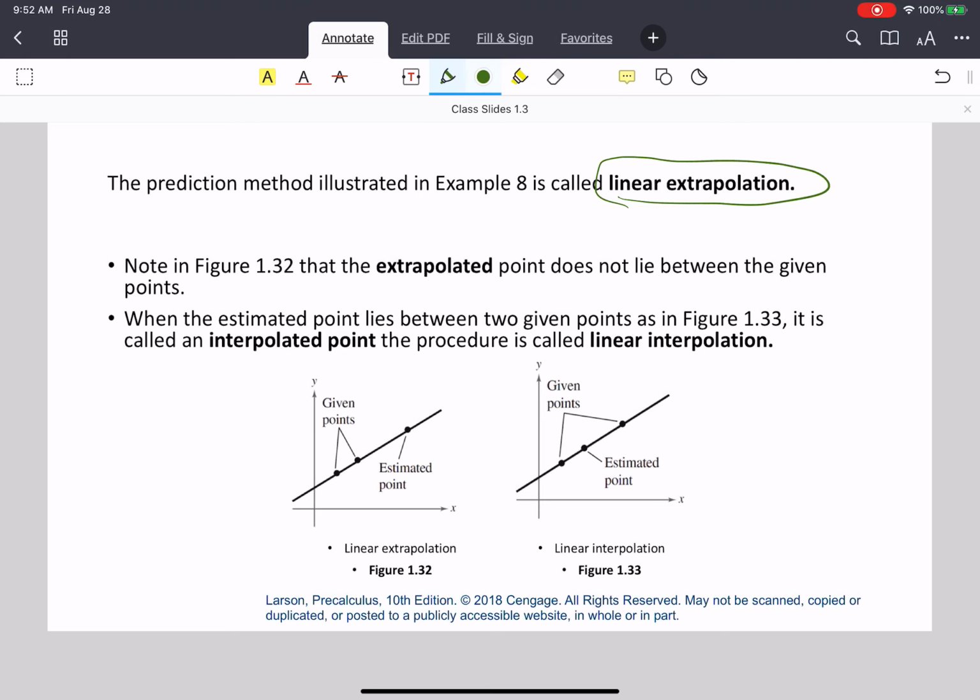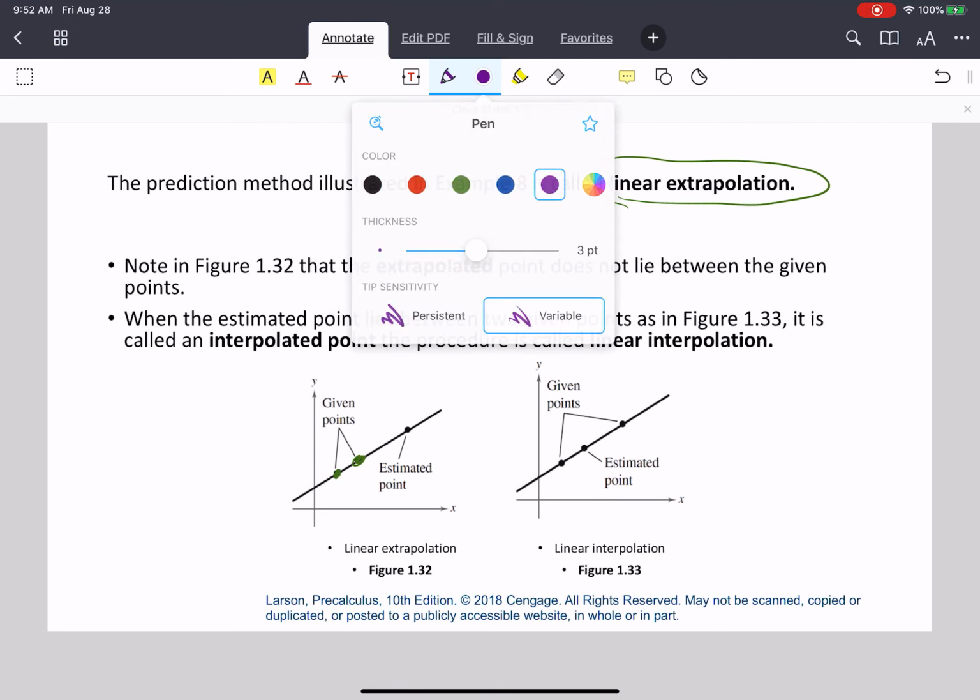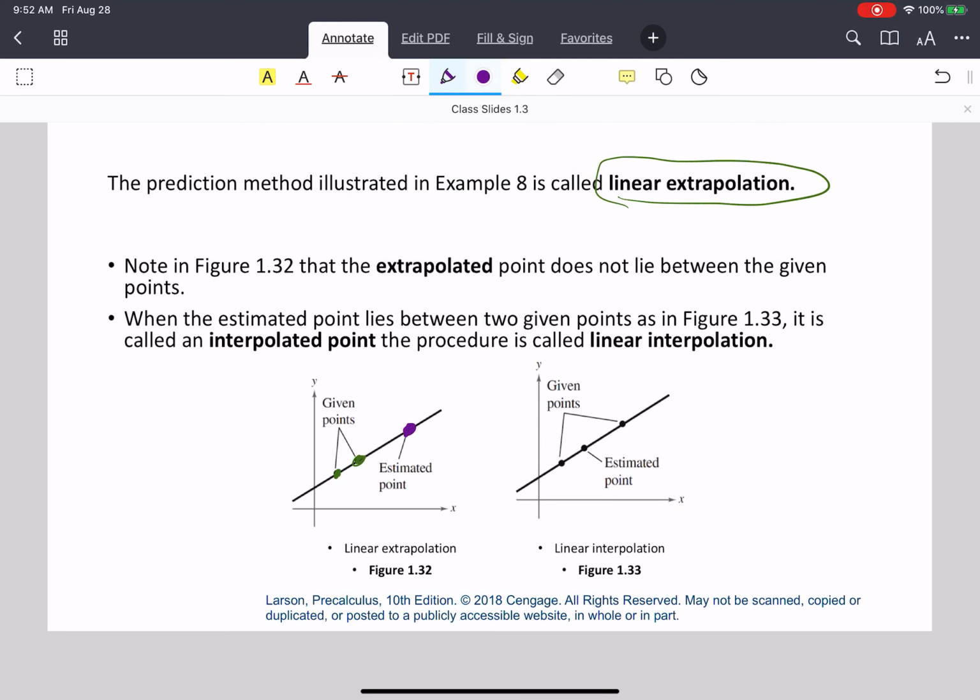Whenever we estimate a point that does not lie between the given two, so let's say you are given these points, but then you project another estimated point outside them, this is what we call extrapolation. But if you project an inner point, so you're given these points and then you project a point in the middle, then we call this situation linear interpolation.